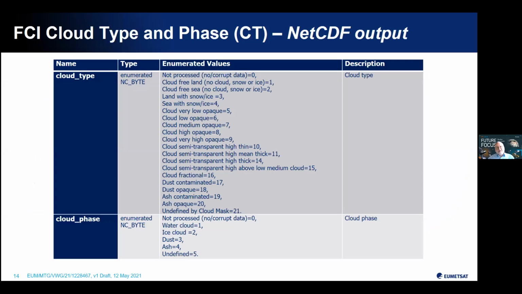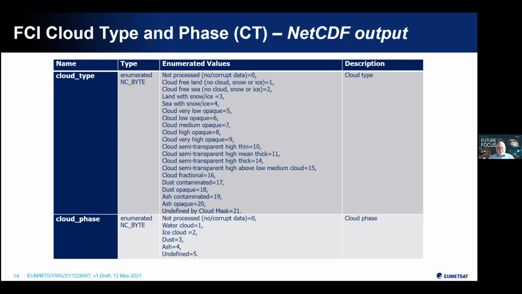The information we provide in the NetCDF is the different cloud types, but also the information not processed because there was no data, etc. Then we have cloud-free land and cloud-free sea based on the findings of the cloud mask, land with snow or sea with snow and ice. Then we have the different types of very low opaque, etc., up to semi-transparent, high, thick, and semi-transparent, high, above low, medium cloud.